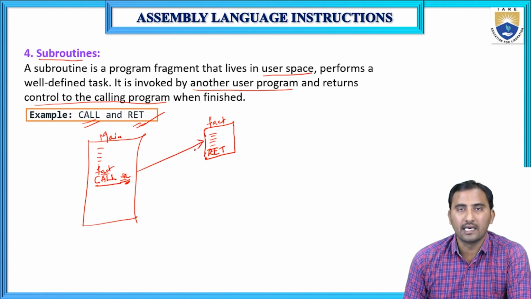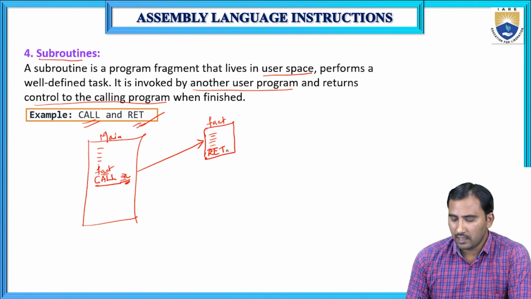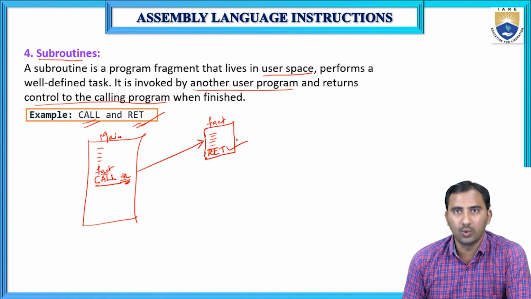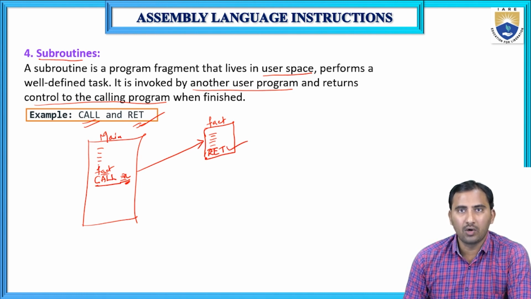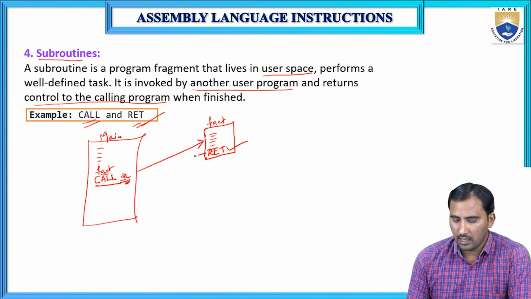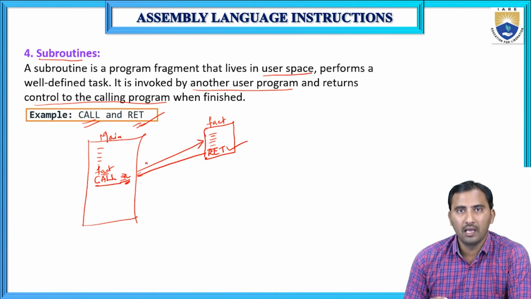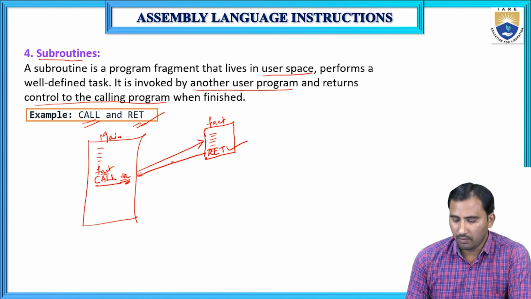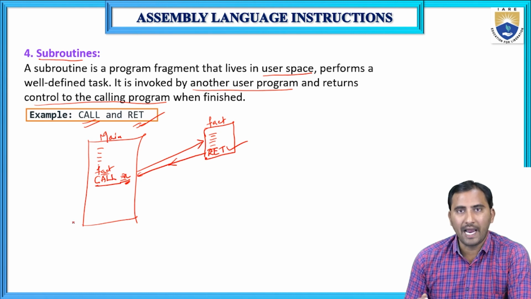Whenever this return instruction is executed, the program control will return from the subroutine program to the main program, where it left off.